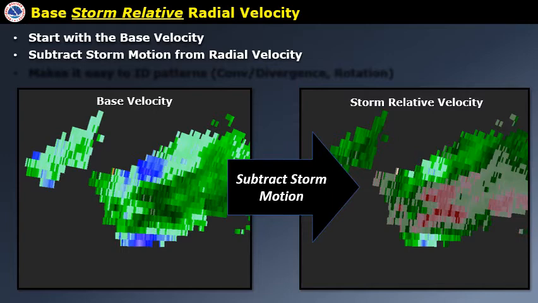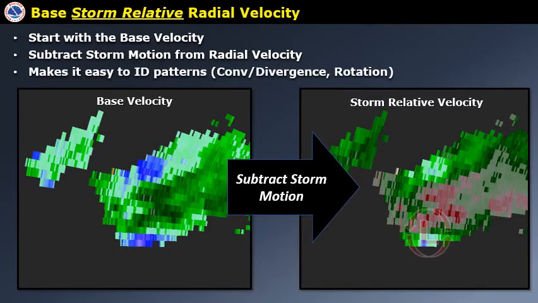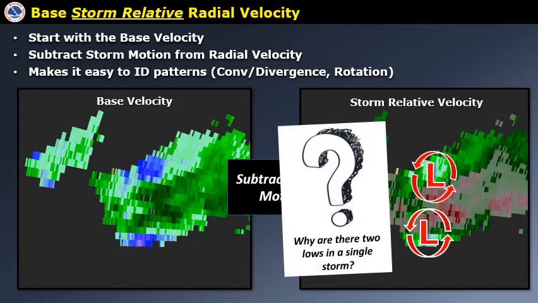A few radar applications allow for the user to define a storm motion. By removing the veil that the storm's motion can create, base storm relative radial velocity can make it easier to identify convergence, divergence, and/or rotational signatures.